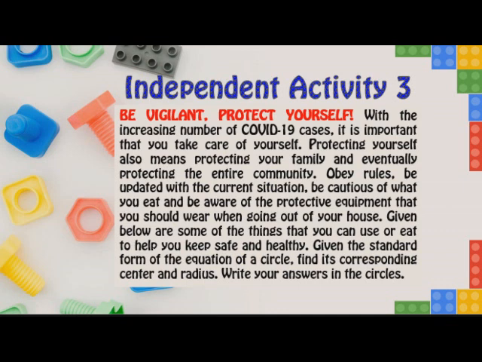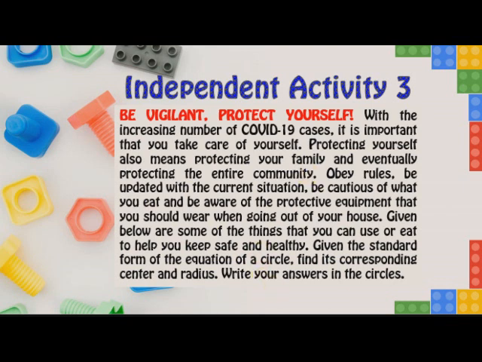We must obey the rules set up by IATF, wherein we have different guidelines to be followed. Now, we must protect ourselves for the sake of our family or loved ones and for the sake of our community. So this is our social responsibility now. We are protecting ourselves not only for us but also for others.